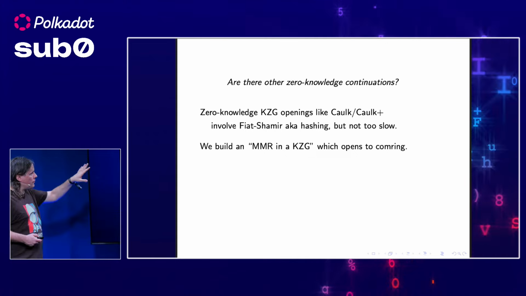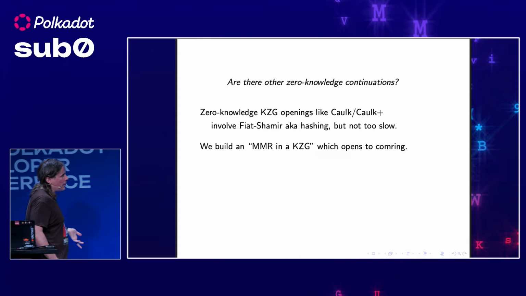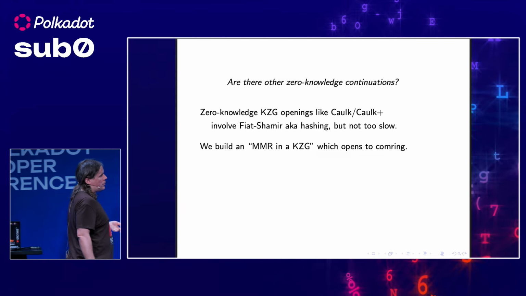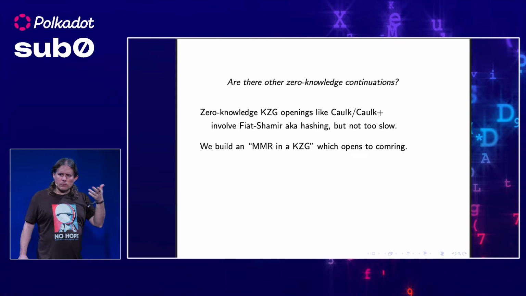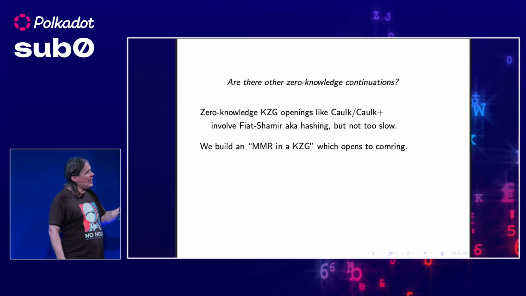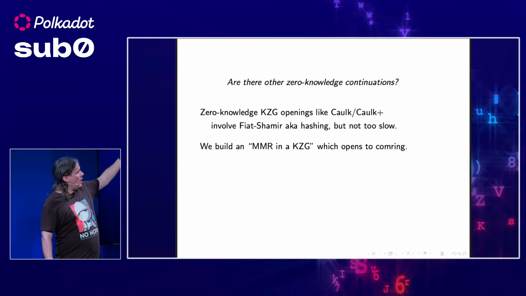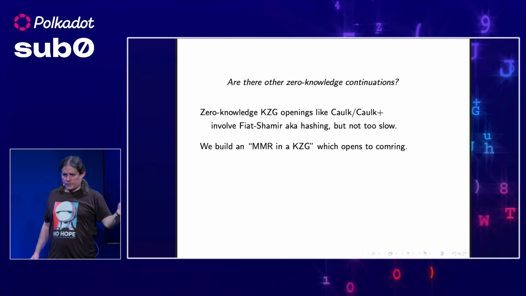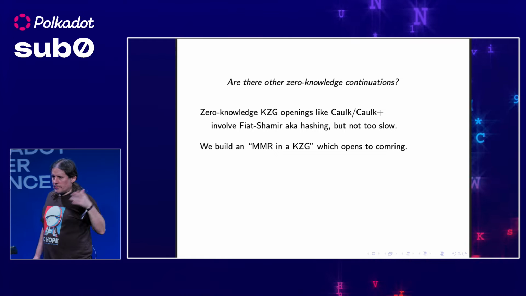Well, first, before we talk about this, there are going to be other notions of zero knowledge continuations. KZG is a little bit like Groth16. We could do a zero knowledge continuation from KZG. In fact, there are usually Fiat-Shamir things in the ZK openings of KZGs, but they're reasonably cheap, so you can just do them.